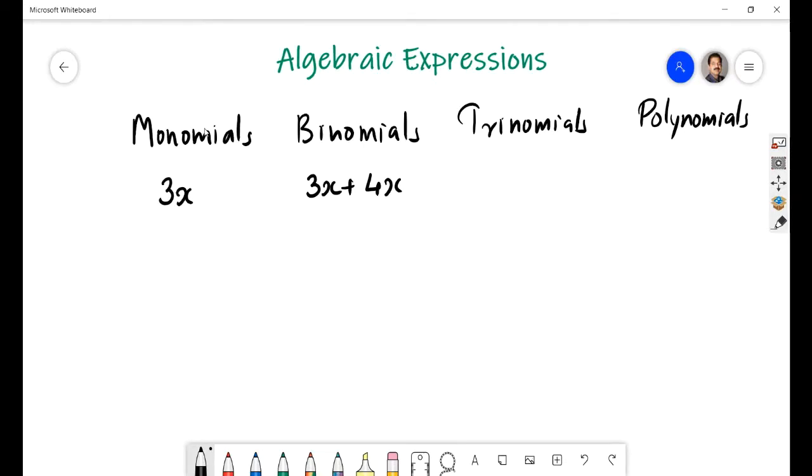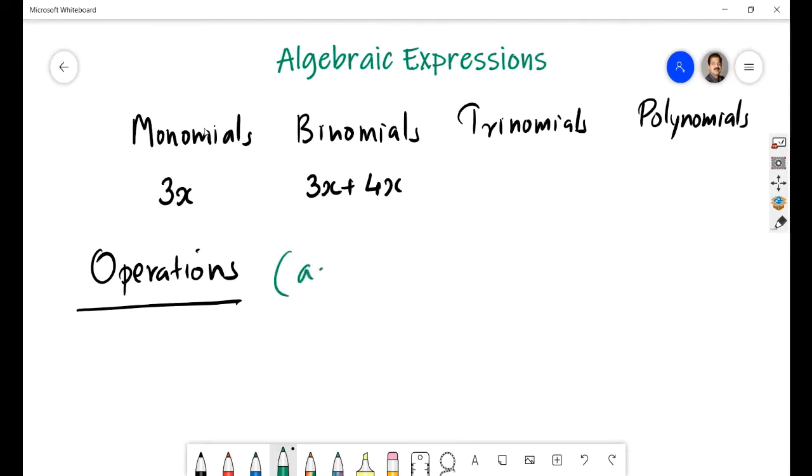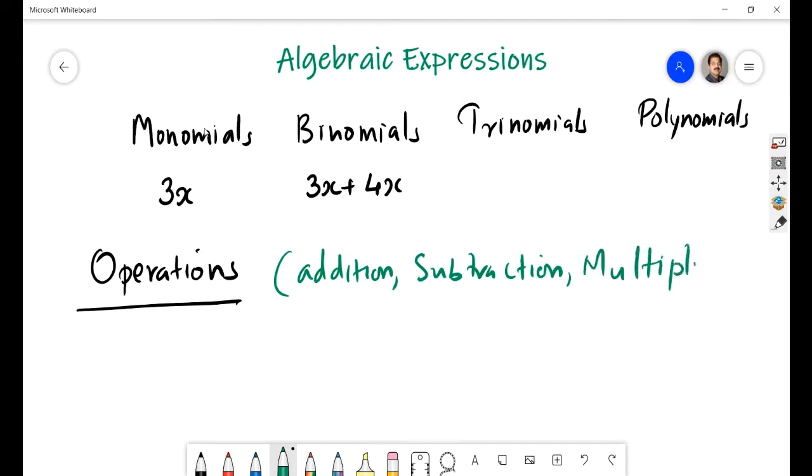In this video you will be learning about operations on algebraic expressions. What is meant by operations in mathematics? Operations will naturally be addition, subtraction, multiplication, and division of the newly learned algebraic expressions.